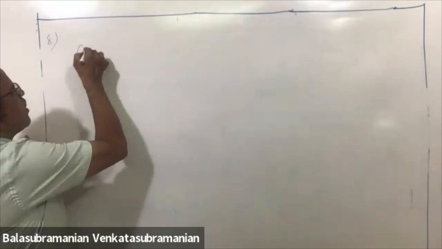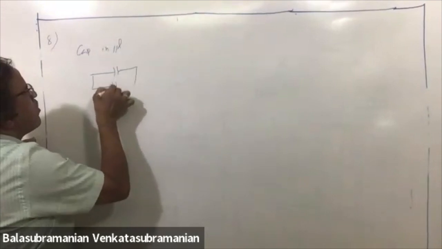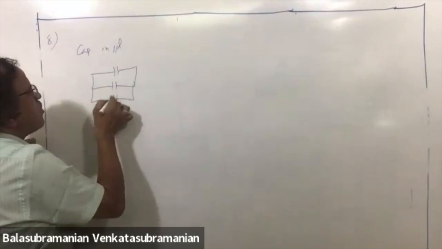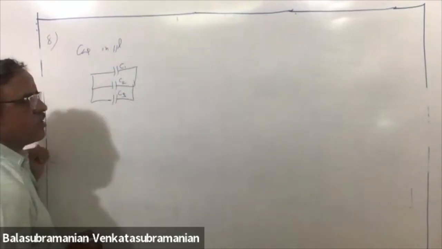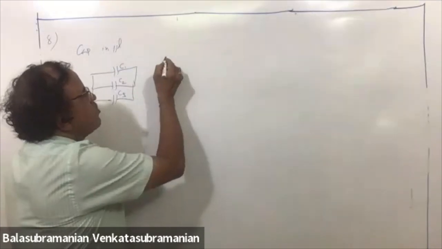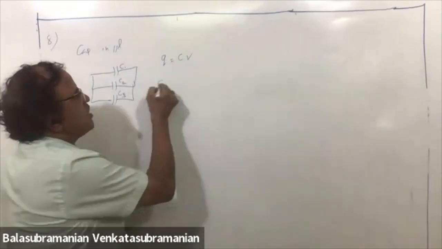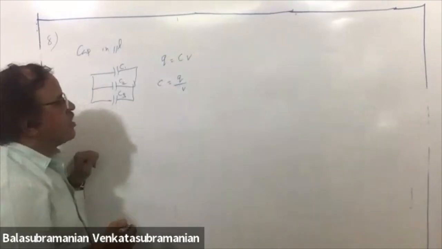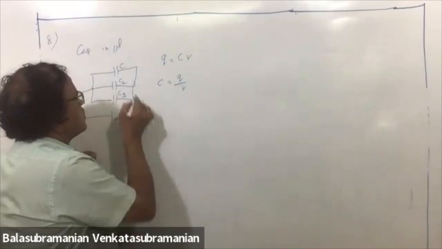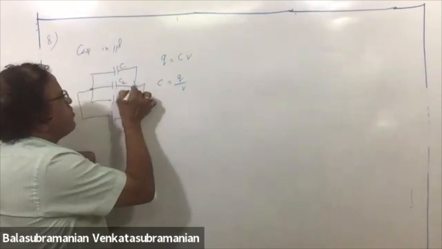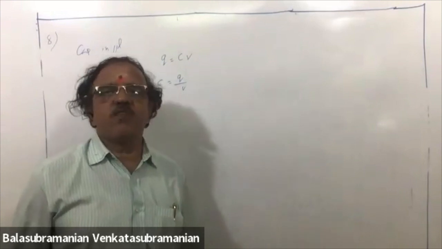Capacitors in parallel, C1, C2, C3. Q is equal to CV, basic formula. C is equal to Q by V. In parallel connection, starting and ending point is same, so potential is constant, charge is different.